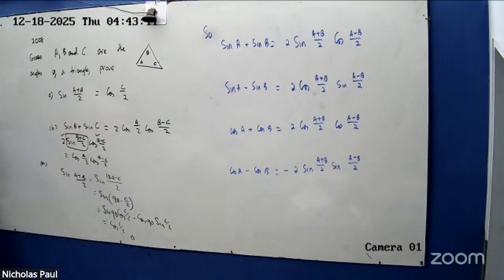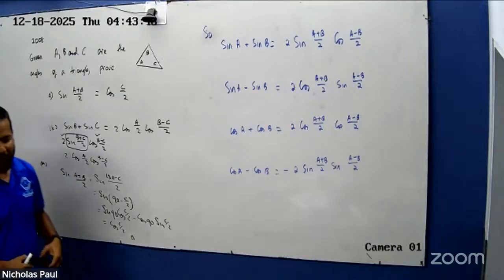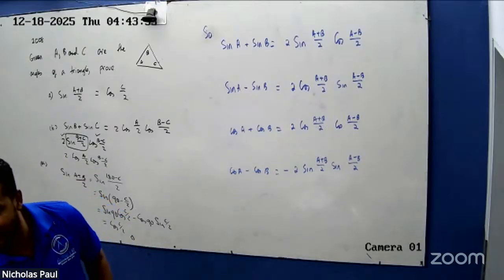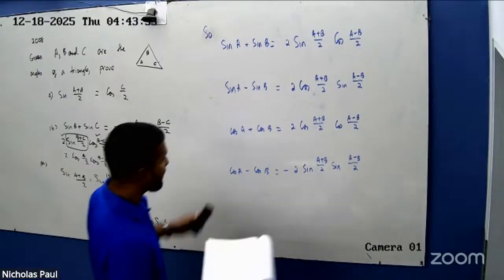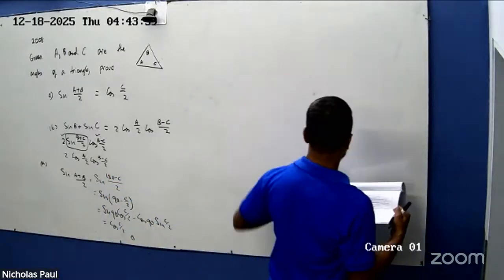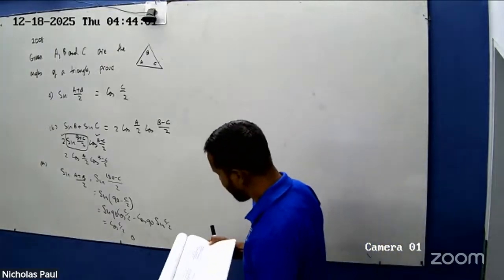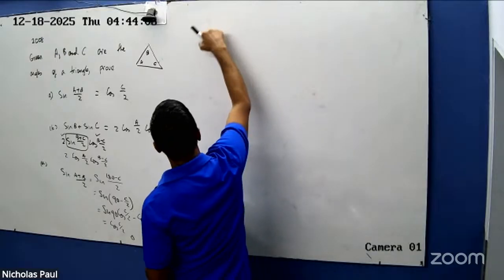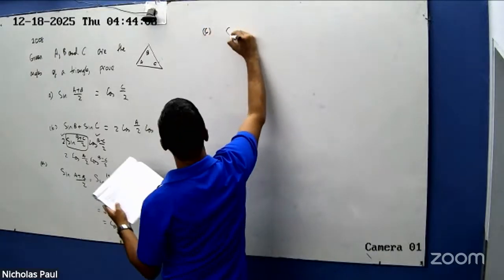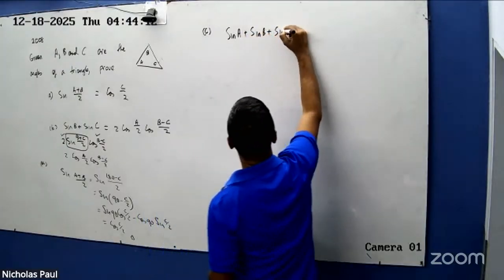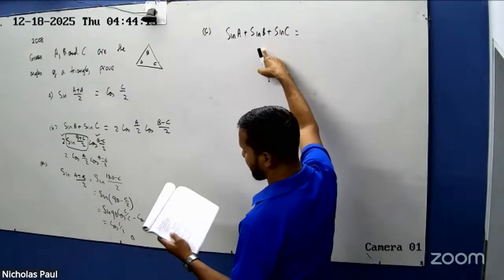So we have one more part, but I will let you do it for homework. Last part is this. Same here. They want you to show. I know someone is tired, but I want you to try this for homework.